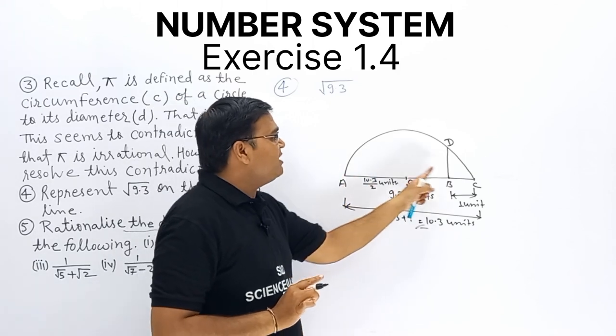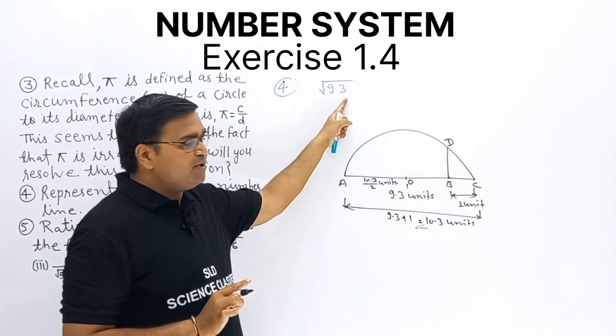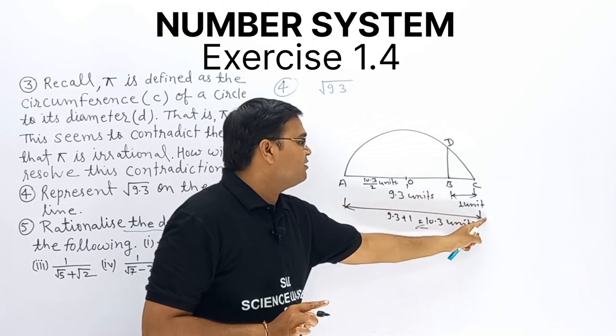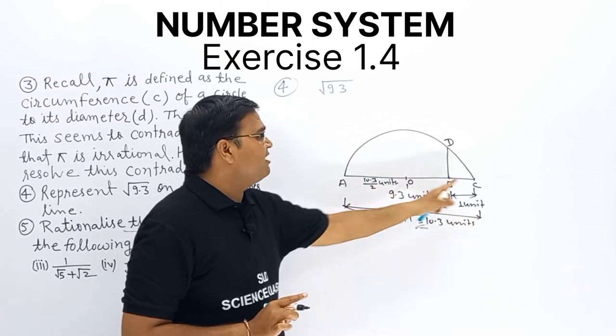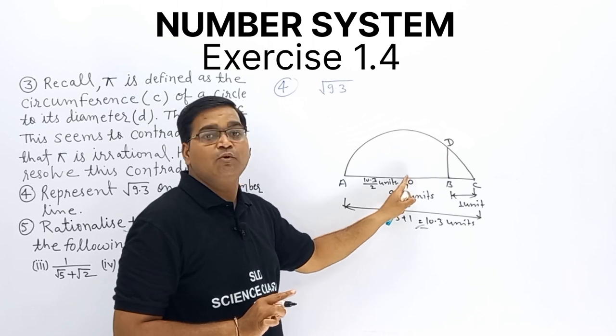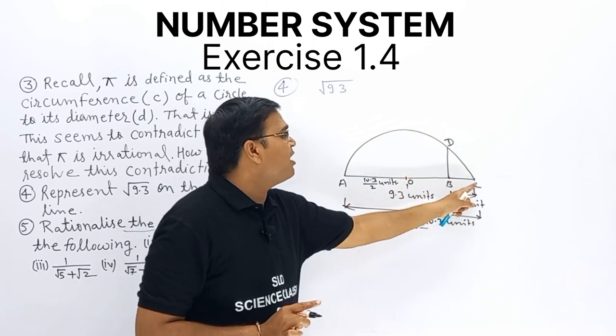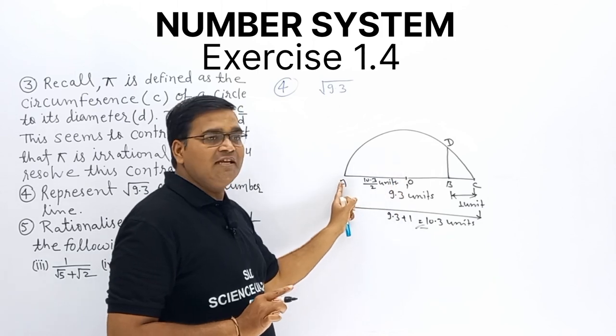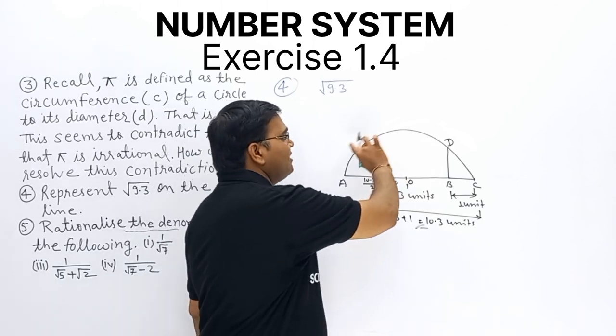First take AB as 9.3 centimeters, add 1 centimeter, then we get the complete line AC. Then take half of this and take point O. Then OA is the radius, and draw a semicircle.